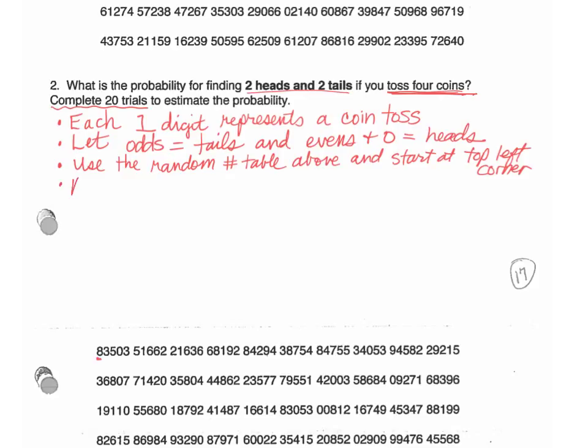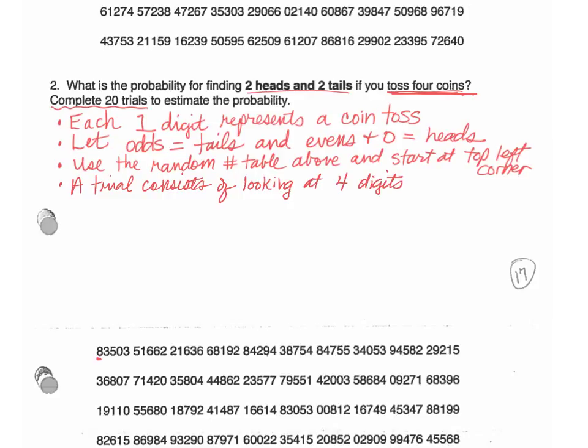So a trial consists of, you can write down tossing 4 coins, or you could say looking at 4 numbers. So either one. Looking at 4 digits.